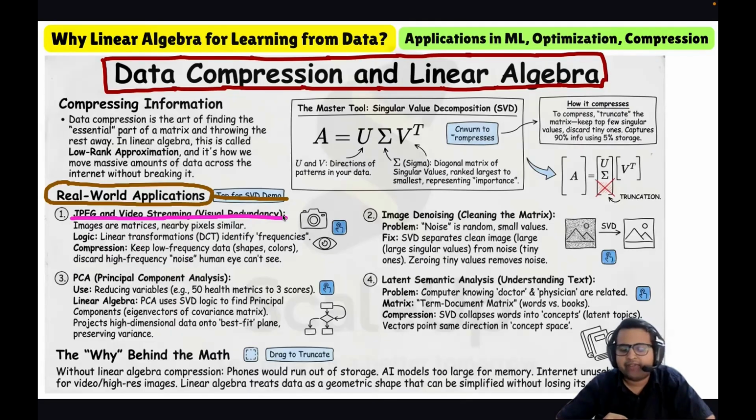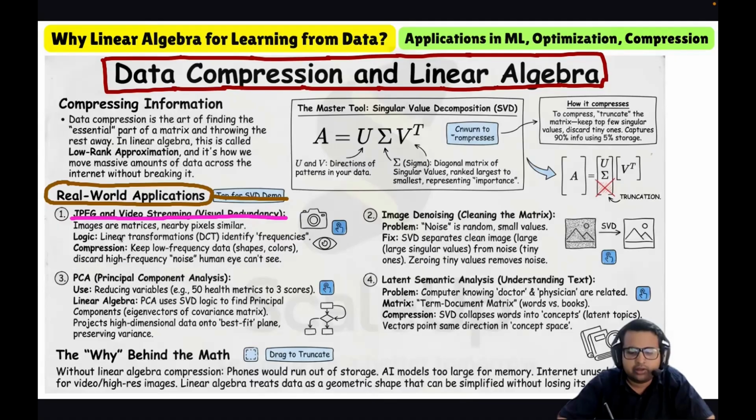Instead of storing every single pixel, we use linear transformations like the discrete cosine transform to identify the frequencies of the image. We keep the low frequency data, that is shapes and colors, and discard the high frequency noise that the human eye can't see anyway.